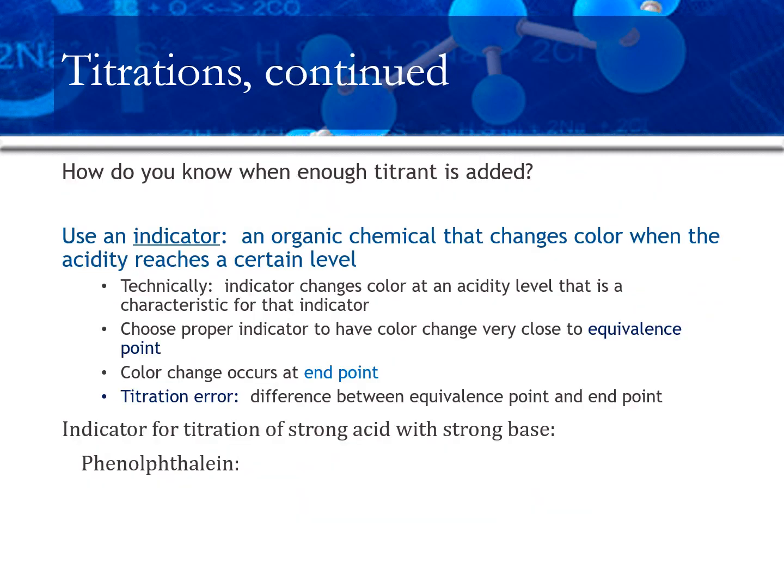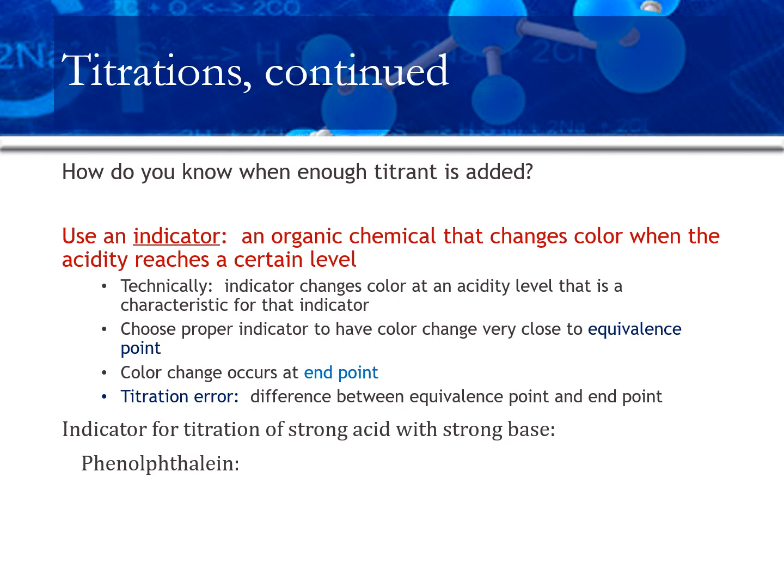Now, how do you know when enough titrant is added? Well, the key to doing a titration is that we use an indicator. An indicator is an organic chemical that changes color when the acidity reaches a certain level, just like these words did.